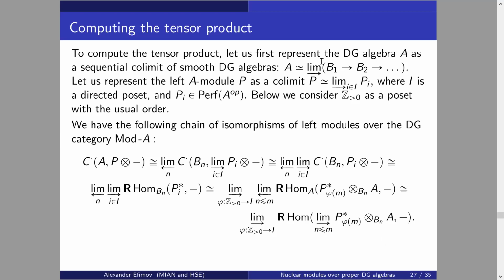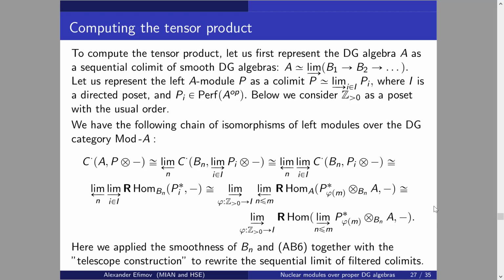And here it's really important that I have a countable limit, because otherwise it would be hopeless, I think. Once again, we applied here the smoothness of Bn, axiom UP6 together with the telescope construction to write the limit of colimits.